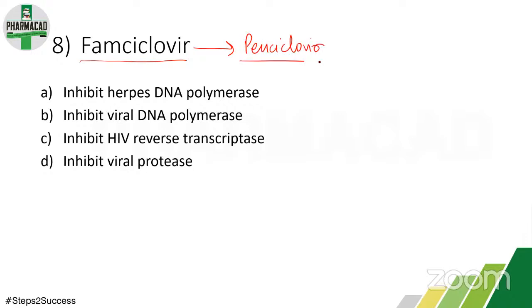The active agent of famciclovir is penciclovir, and this penciclovir competitively inhibits the viral DNA polymerase. Not the herpes DNA polymerase, not the HIV reverse transcriptase, not the viral protease. So the correct answer is option B, famciclovir inhibits viral DNA polymerase.